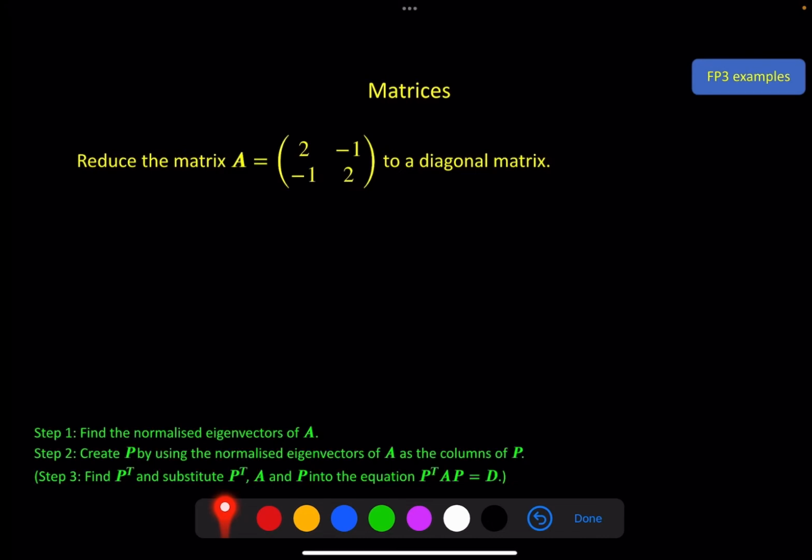So into our examples. Reduce the matrix A to a diagonal matrix, and I've started off with a 2 by 2 matrix here just because it's quicker and easier, and then we'll go into a 3 by 3. So first I need to find the normalized eigenvectors of A, which means I need to find the eigenvalues. To find the eigenvalues, we're doing the determinant of A minus lambda I equals 0.